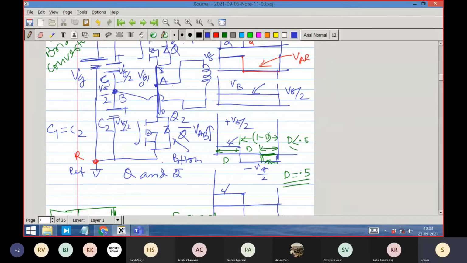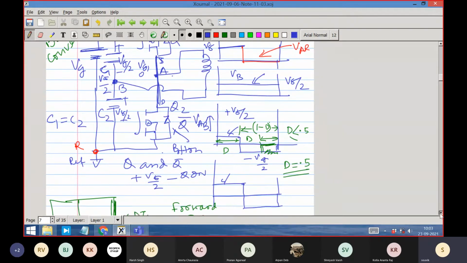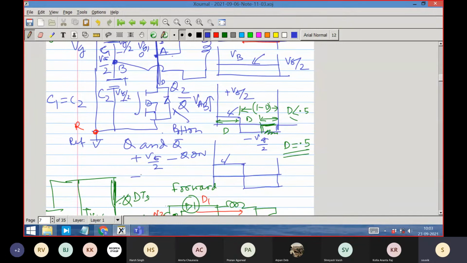When Q is on, the voltage across the transformer is plus Vg by 2, but when Q is off, or Q bar is on, the voltage across it is minus Vg by 2.